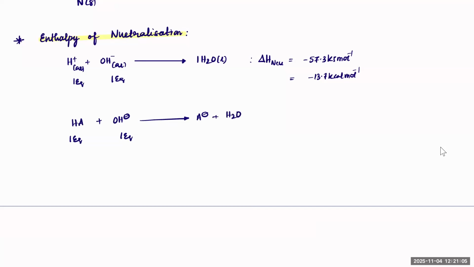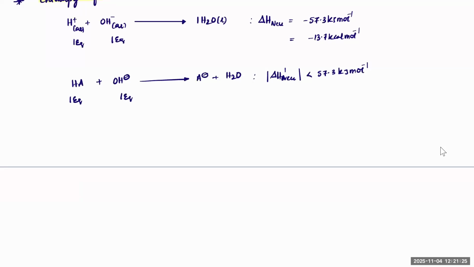So this is also getting neutralized, but in this case it is delta H of neutralization dash, which is, magnitude wise, less than 57.3 kilojoules per mole.